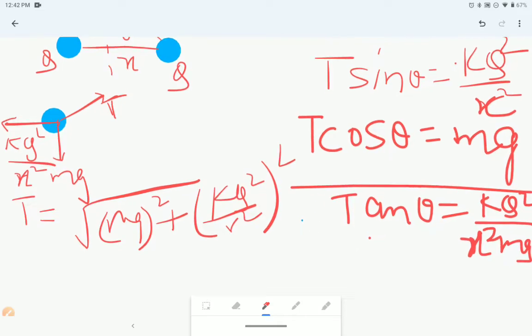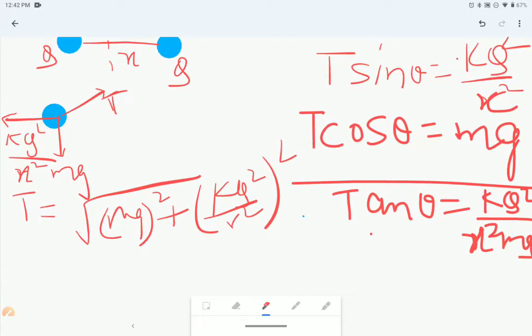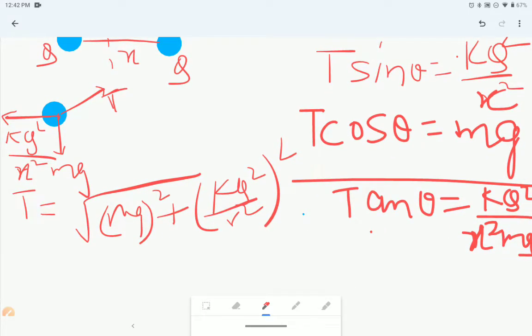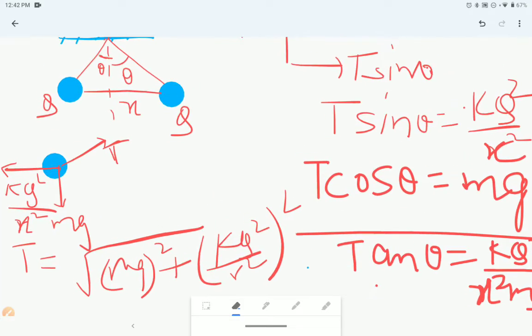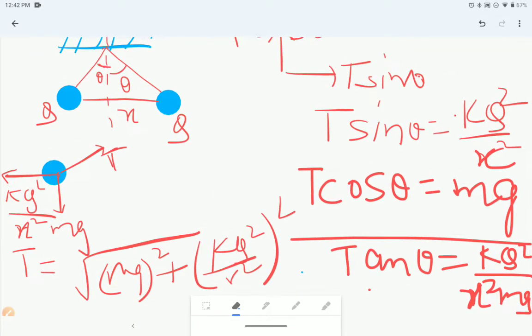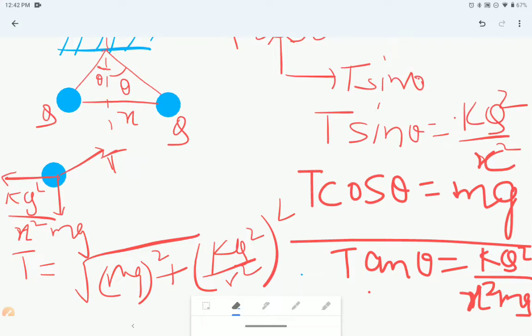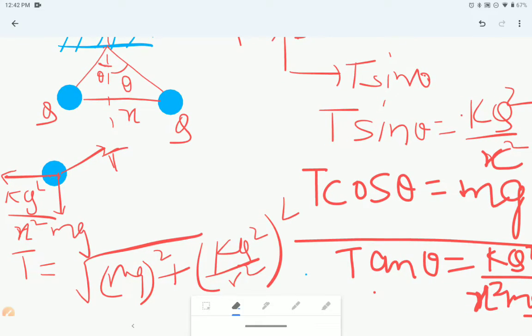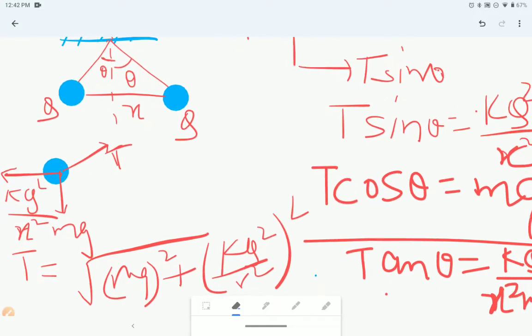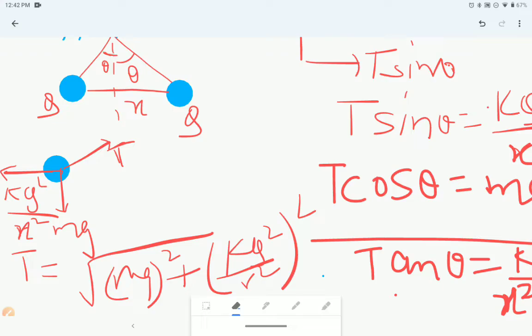T cancels as we divided. When we divided, tan theta results like this. So now watch it. Now we found out using trigonometry.